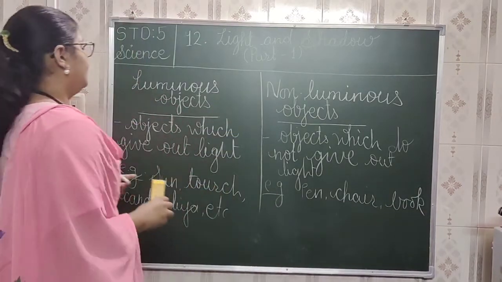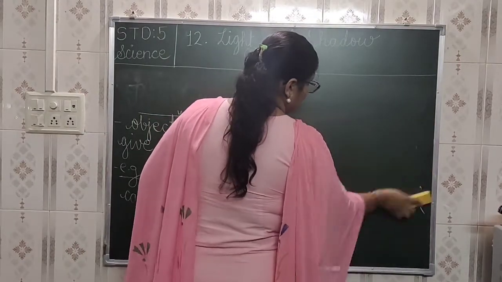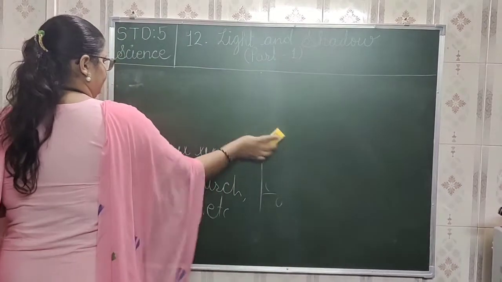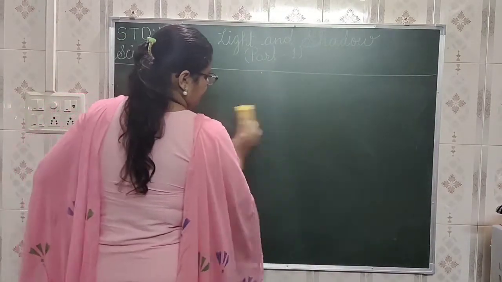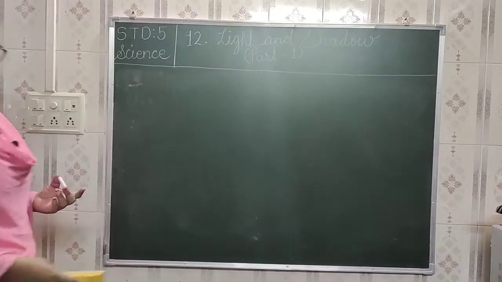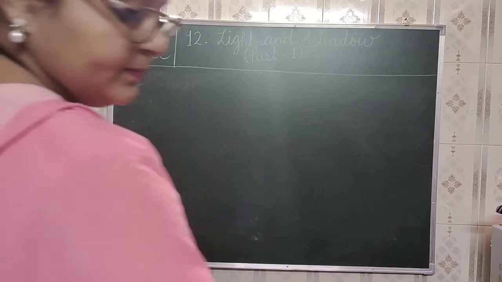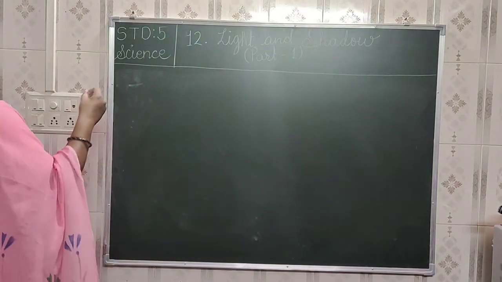Now in this chapter we are going to learn the first point. This I have just revised from the previous years. Now we're going to learn the first point here.